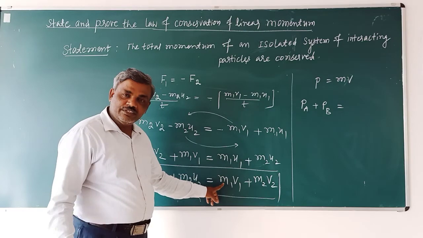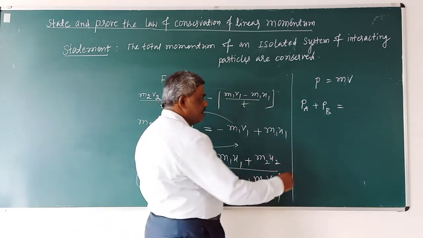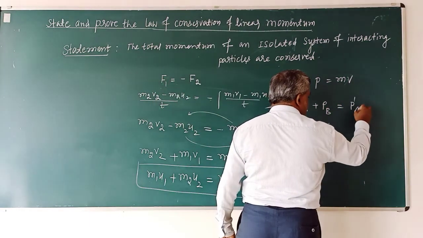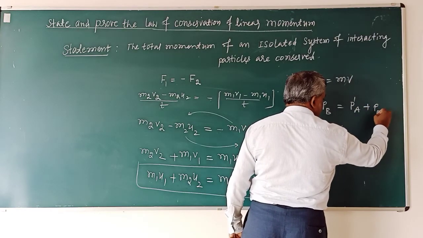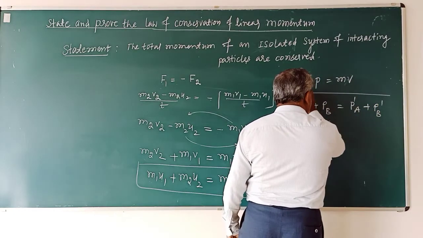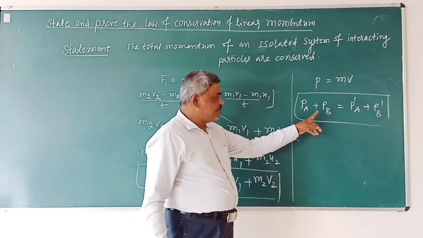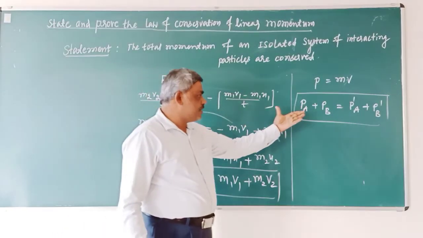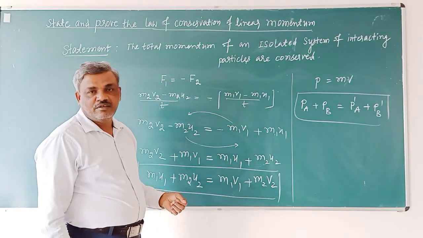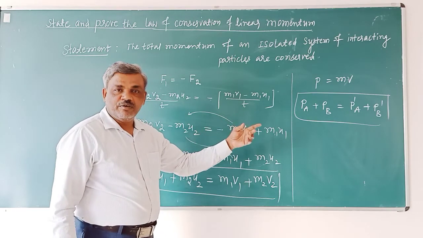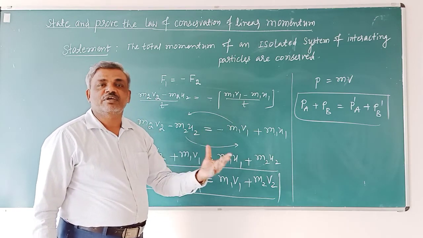After collision, with final velocities, it is P dash A plus P dash B. So PA plus PB is the momentum of the two particles before collision, and P dash A plus P dash B is the momentum of the two particles after collision.